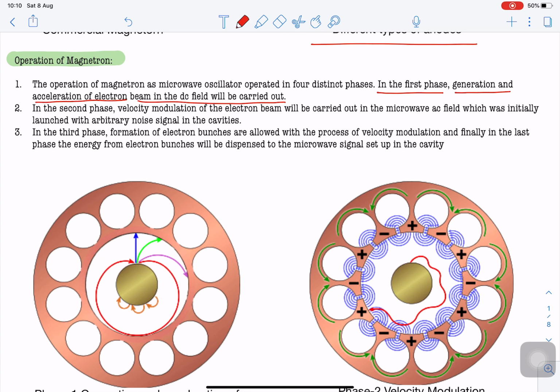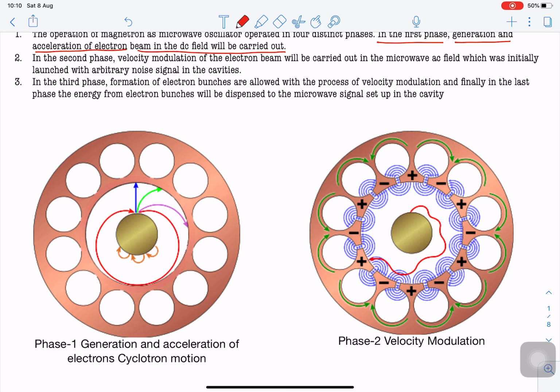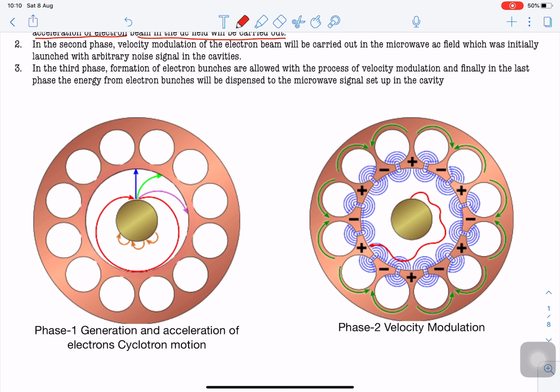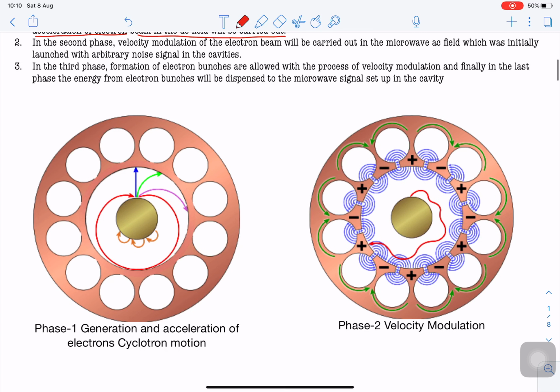Let us see the structure in phase 1, shown in the diagram on my left hand side. The outer body of the magnetron is nothing but the anode, right? This anode is not a single plate or electrode, but consists of multiple cavities in this way.